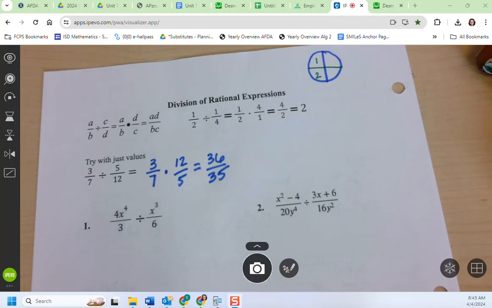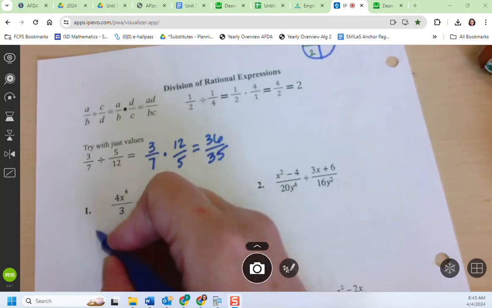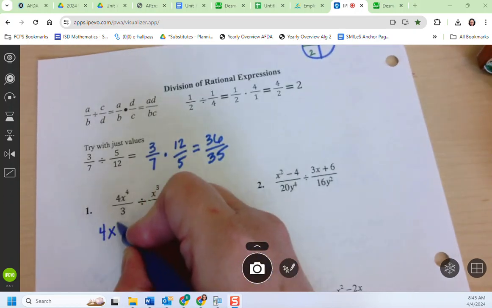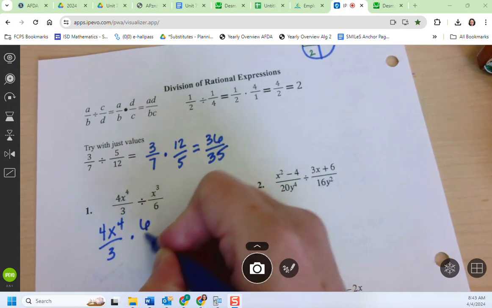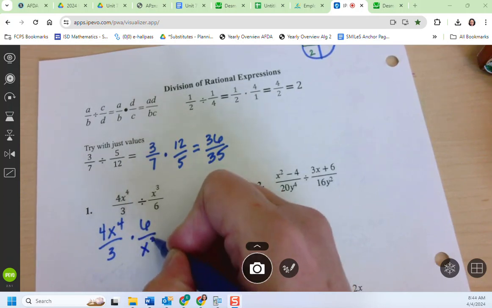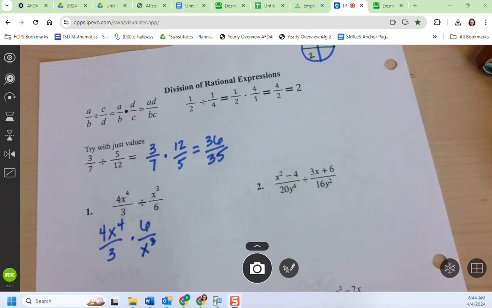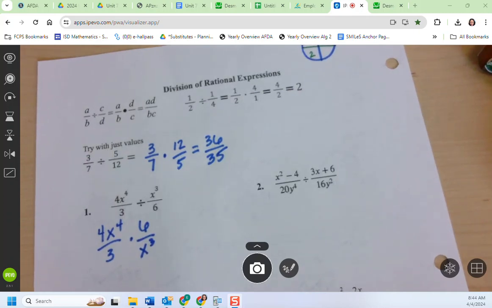Okay, let's do number 1. And then multiply the top times the top and the bottom times the bottom.